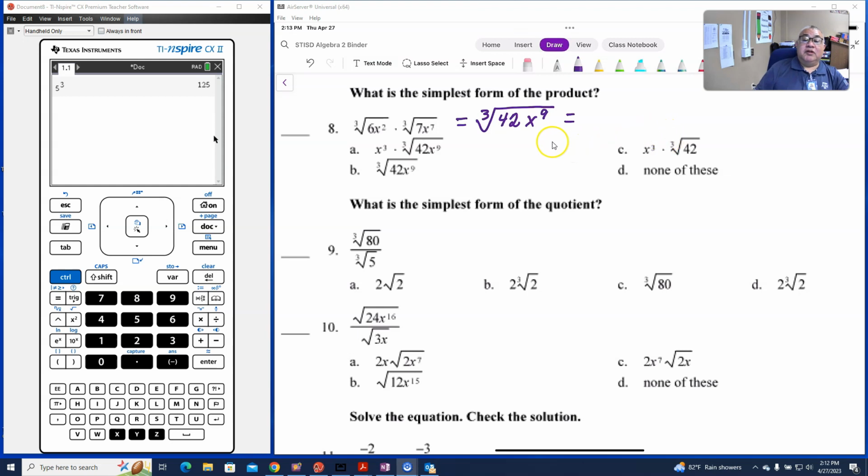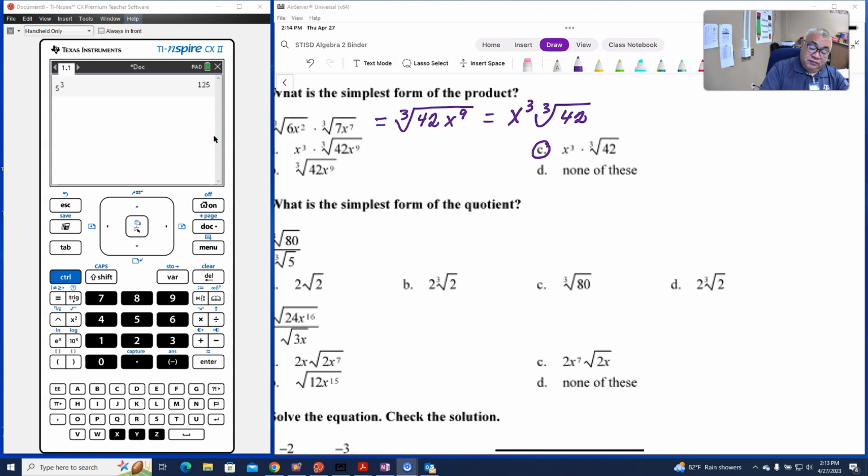And like I told you earlier, that 9 is divisible by 3. So you just have to divide, and that's going to be what it is when you get the cube root of x to the 9th. So it's going to be x to the 3rd times the cube root of 42. So your answer is C.